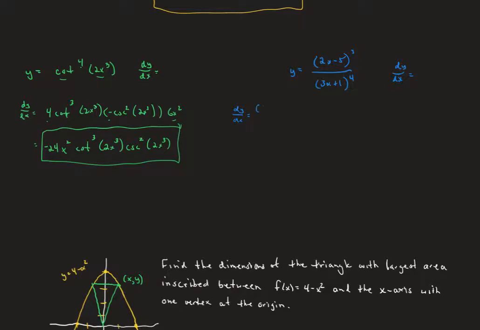So we have our denominator, 3x plus 1 to the fourth, times the derivative of the numerator, which is a chain rule. 3 times 2x minus 5 to the second, times the derivative of 2x minus 5, which is a 2, minus the numerator, 2x minus 5 to the third, times the derivative of the denominator, which is a chain rule. 4 times 3x plus 1 to the third, times the derivative of 3x plus 1, all over that denominator squared, which is going to make that be 8.